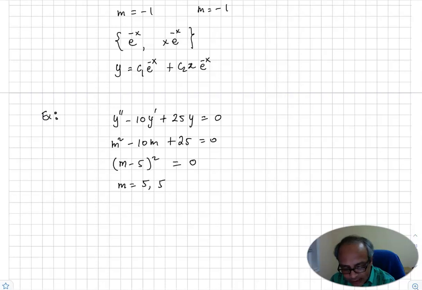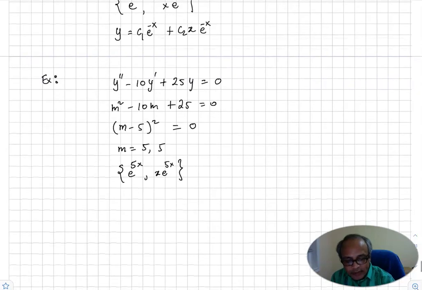So if we want to write down the fundamental set of solutions, it is e to the 5x, and I multiply one of them by x. It doesn't matter which one you multiply by x, it is the same thing.